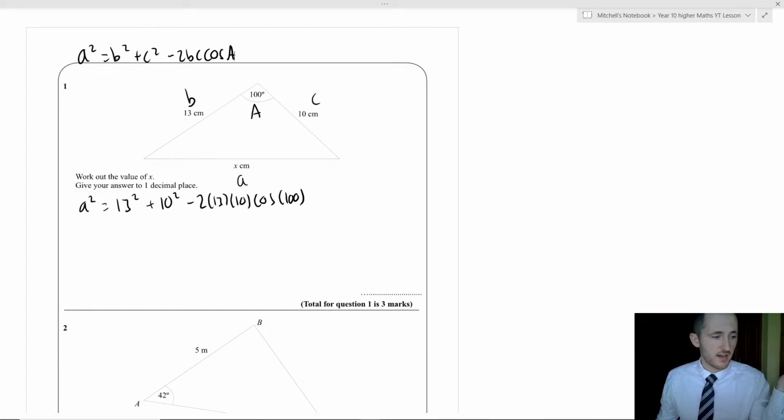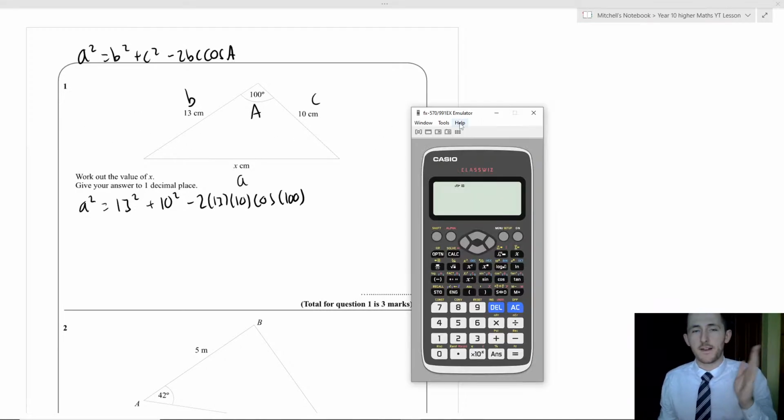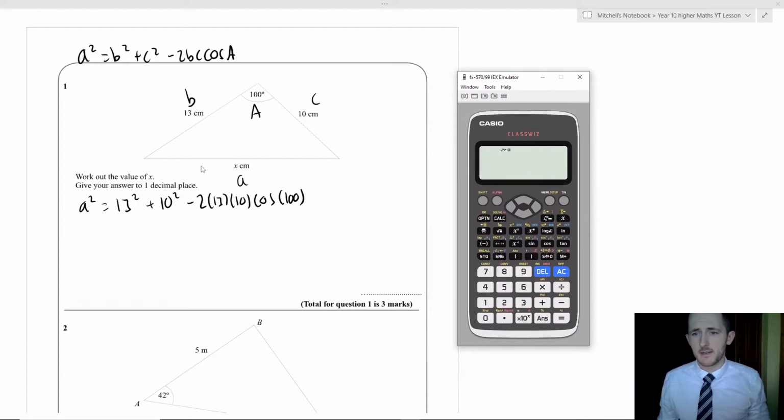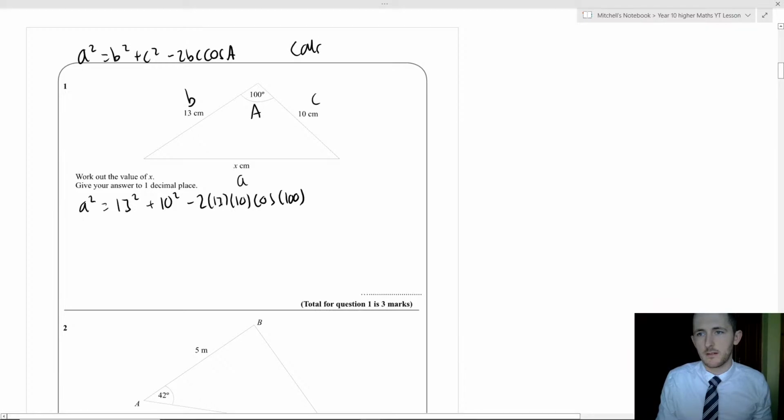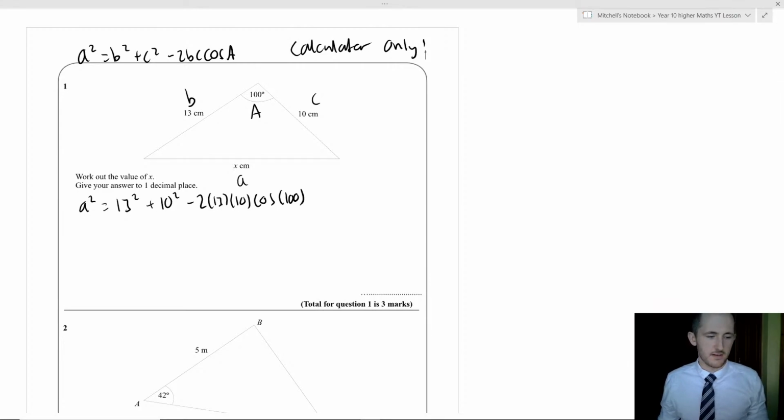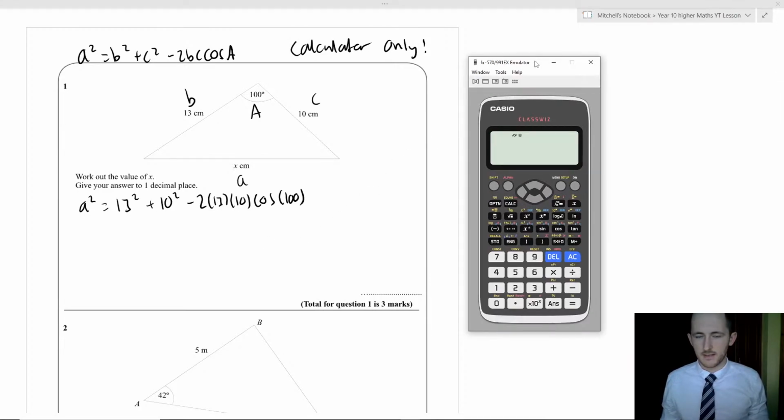So all we need to do is use a calculator now. Just as something that might hopefully soften the blow a bit, this only comes up on calculator papers, and the reason for that is it's a very complicated formula. They're not that mean. So we have 13 squared plus 10 squared. Just enter it exactly as I've entered it.